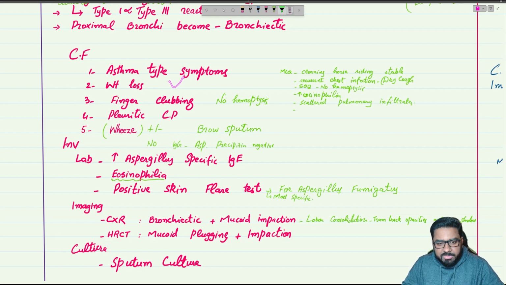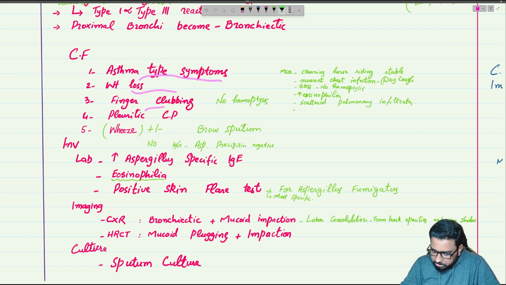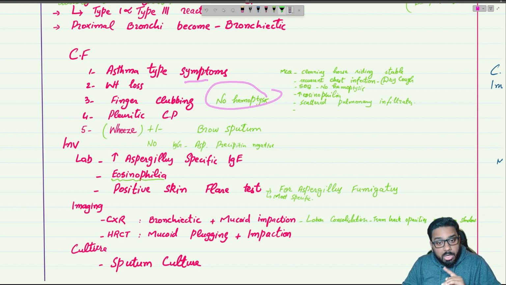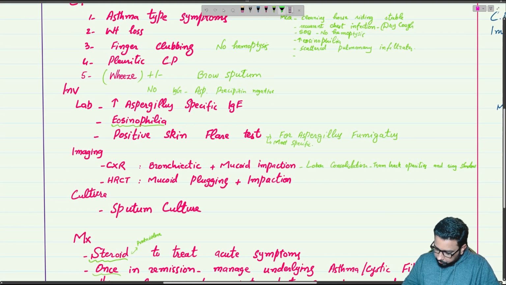Now obviously, clinical features are overlapping. The only thing to remember: someone working in a moist environment has severe asthma, coming in with these chest symptoms, pleuritic chest pain, asthma symptoms, no hemoptysis, and the bloods will show eosinophilia, Aspergillus-specific IgE, and a positive skin prick test for Aspergillus fumigatus.